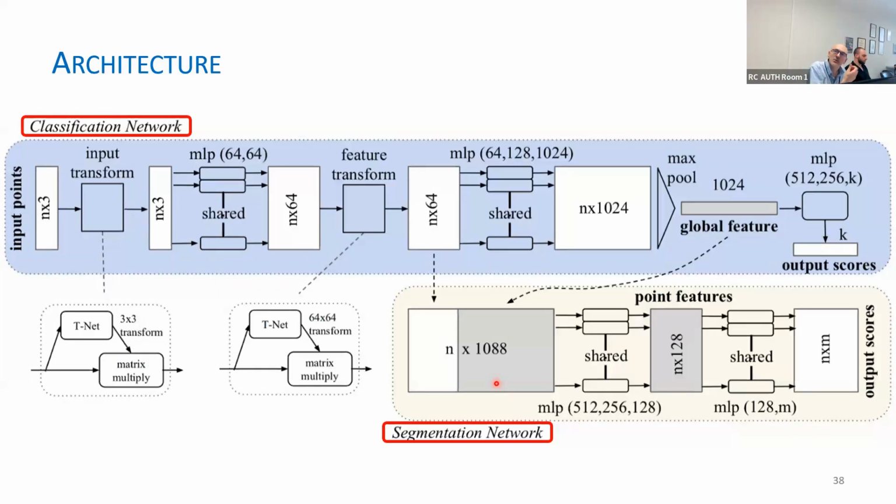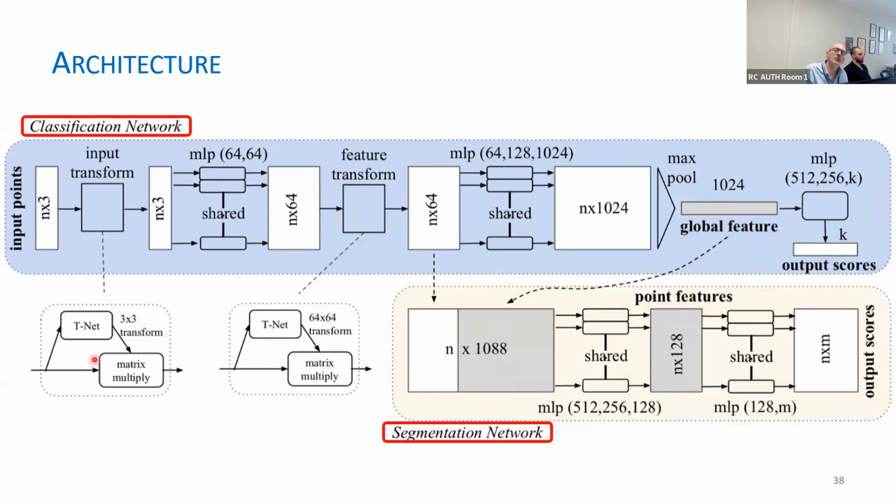So I will try to provide you some details for the architecture of this network. First of all, you see that there are two paths here. One is for classification. We have this classification network in the upper part, and then we have a segmentation network in the lower part of the figure.